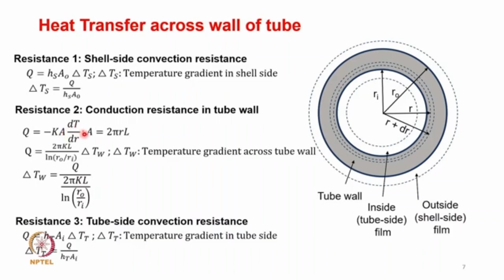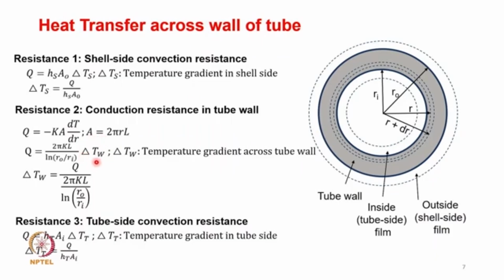Now if you need to integrate them to compute the total heat, we could integrate this expression from R naught to Ri, assuming that the temperature gradient across the tube wall is delta Tw.